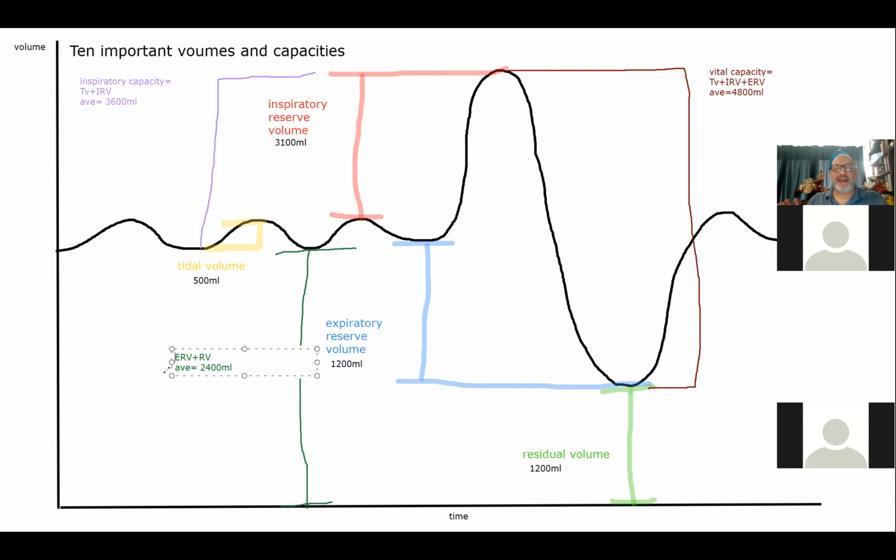Even after I take a normal exhalation, this air that remains in my lungs can still be doing work. And that is why this is called the functional reserve capacity. It is the amount of air that stays in my lungs after a normal breath out that can still continue to do work.